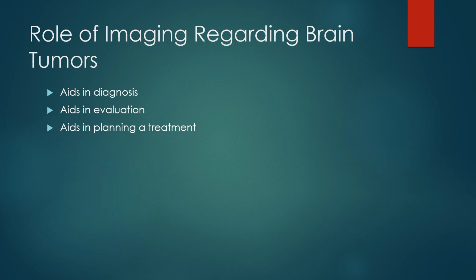So obviously, we use imaging as a way of diagnosis, and through this diagnosis, you can evaluate how bad the situation is, or where the patient is as far as different stages, and then when you determine that, you can then proceed to planning for a treatment.